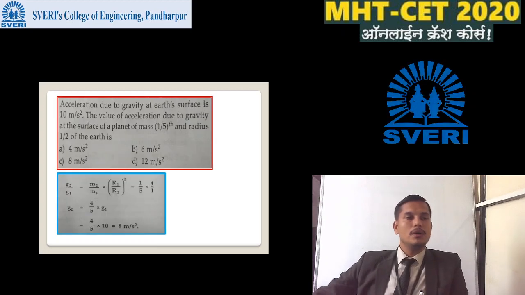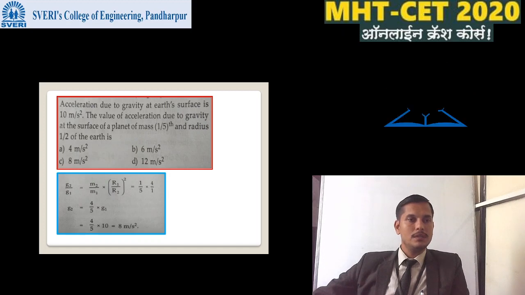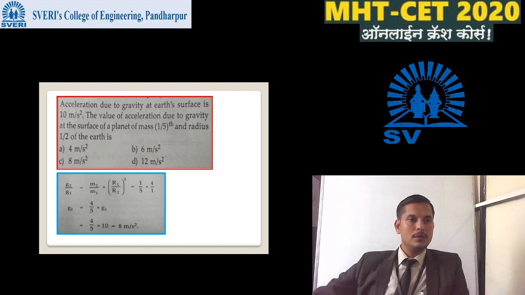We move to the next one. Acceleration due to gravity at Earth's surface is 10 meter per second square. The value of acceleration due to gravity at the surface of a planet of mass 1/5 and radius 1/2 of the Earth is... Means what?